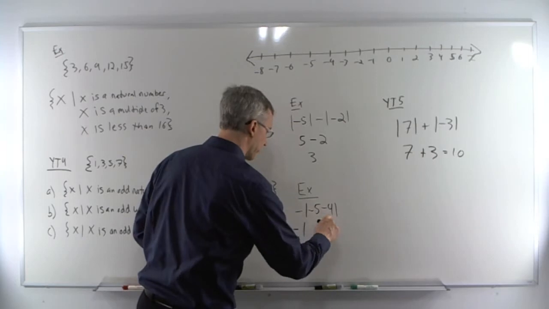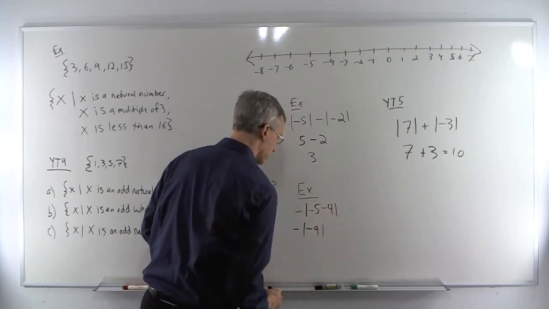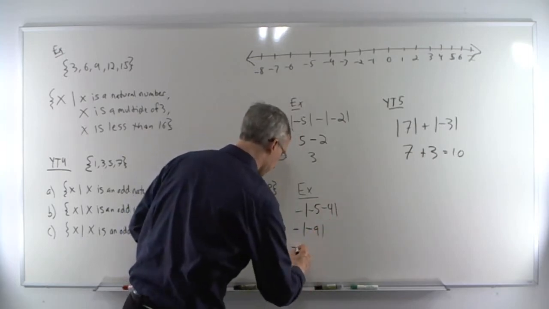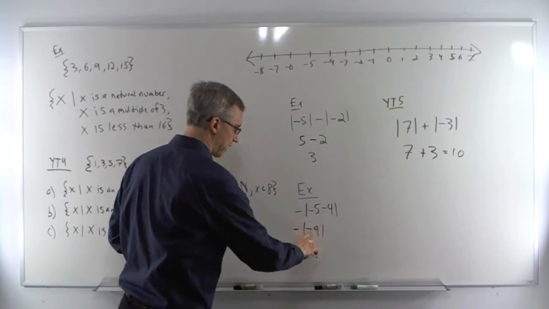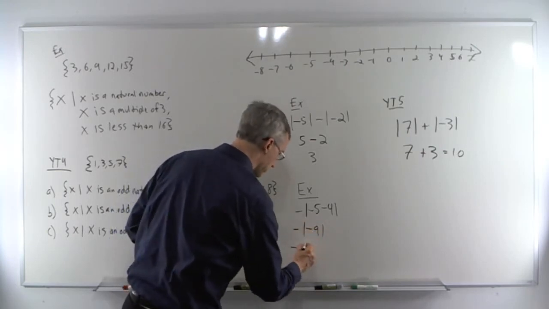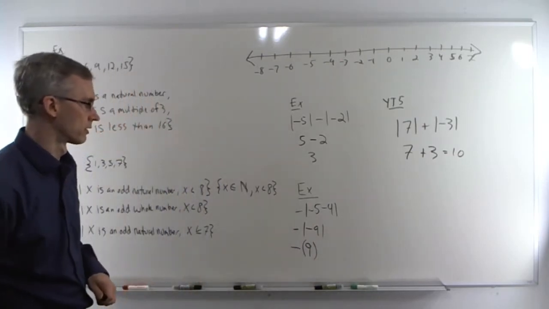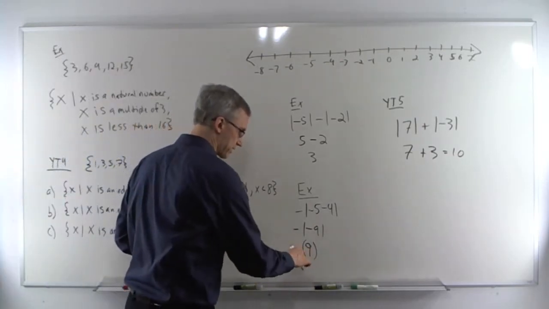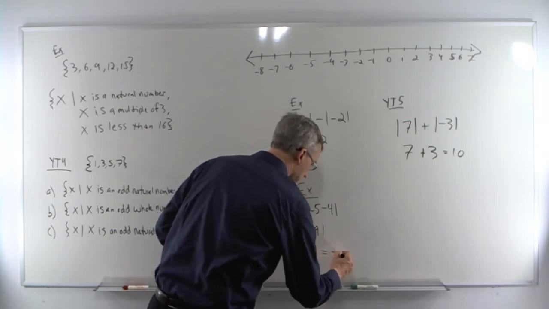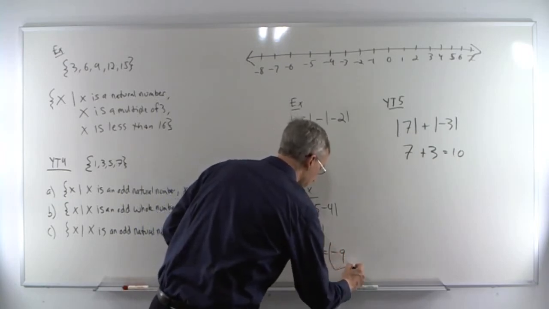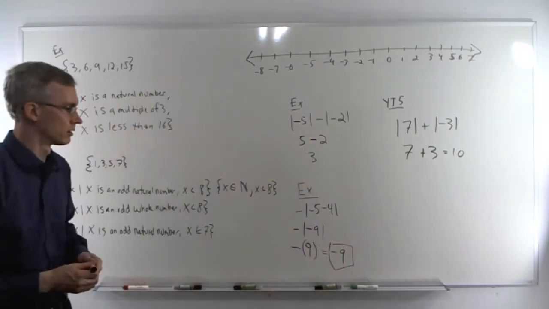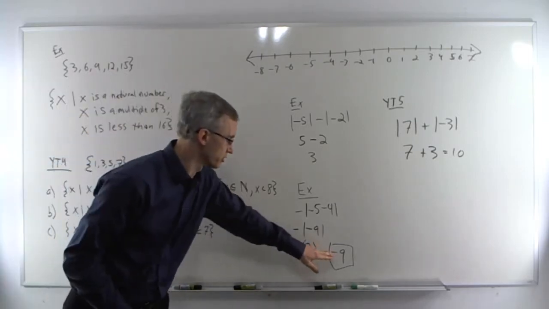So -5 minus 4 is -9. And this turns into negative of, the absolute value of -9 is 9. And then whenever you have a negative outside the number of parentheses, that's just -9. These two expressions are equivalent.